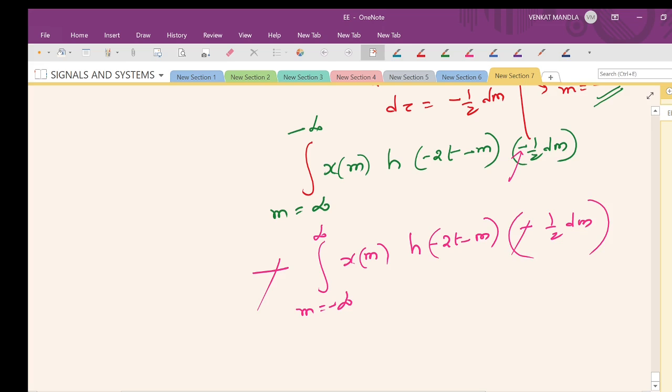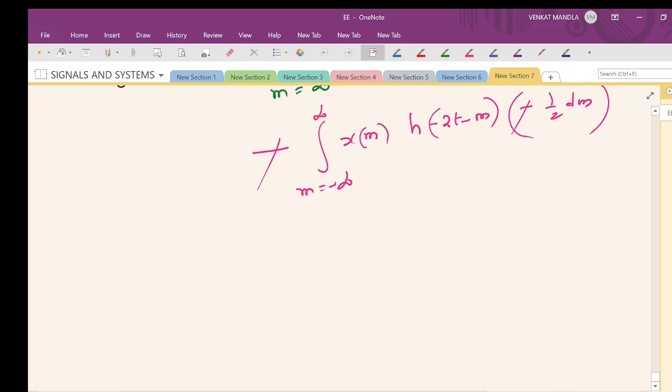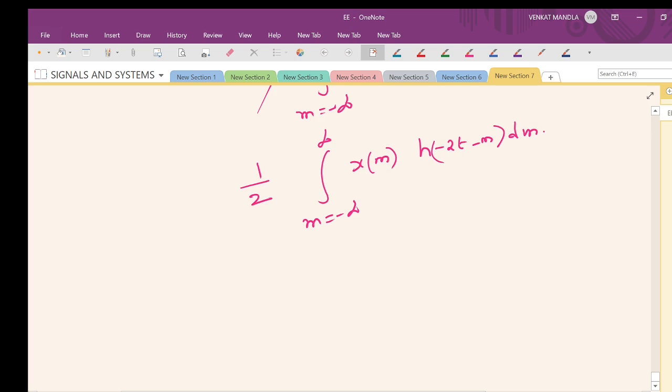This minus into minus gives plus. Now m from -infinity to +infinity, here 1/2 x of m h of -2t minus m dm. But what is this?